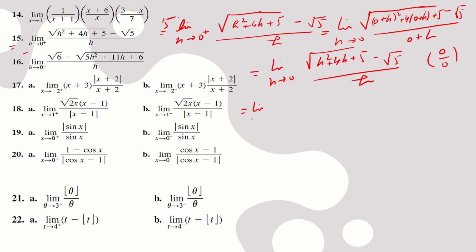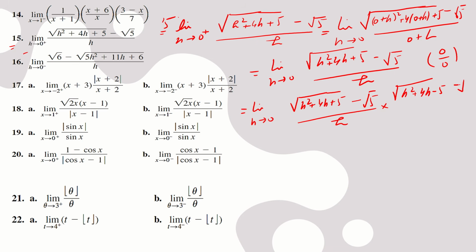So limit h goes to 0, under root h square plus 4h plus 5 minus under root 5, divided by h, multiplying by its conjugate. So we replace the minus under root 5 with plus. So under root h square plus 4h plus 5 plus under root 5.